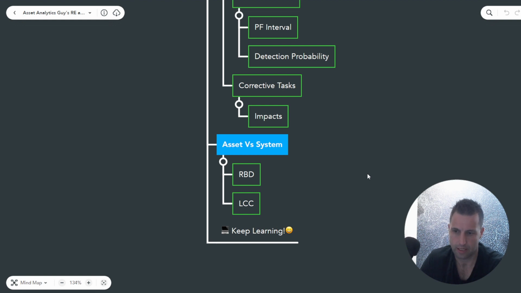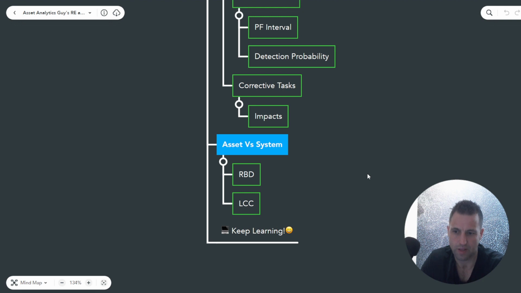Among the ones in the asset space versus system space, reliability block diagrams are really cool at analyzing systems where they're all interconnected and there's dependency between various streams of one system and other streams. So understanding reliability block diagrams, and then life cycle cost. How do we calculate life cycle cost? Incorporation of both CapEx and OpEx type tasks into the cost profiles.